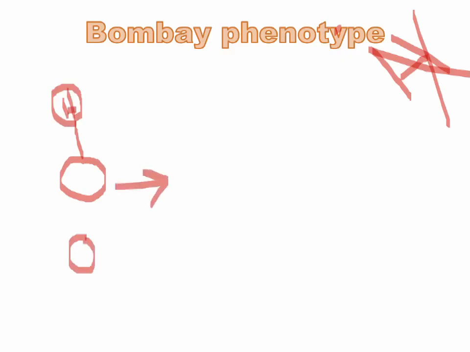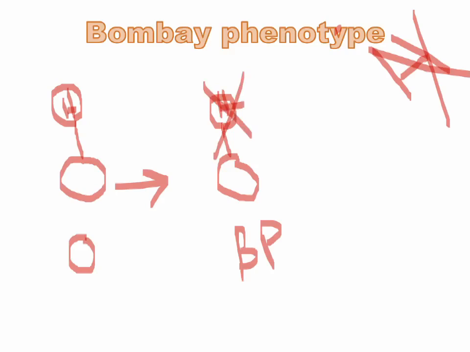While for the Bombay phenotype, there will be no H antigen. The precursor is not found. Okay, so we can see that the Bombay phenotype is an O blood type without the H antigen.